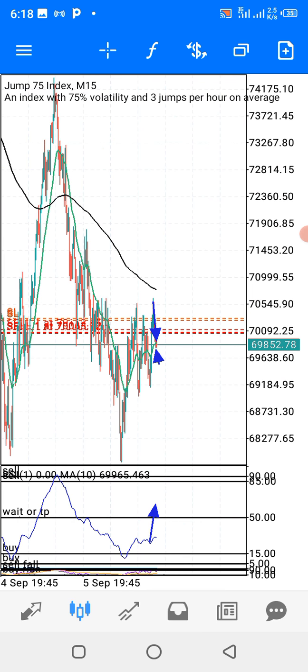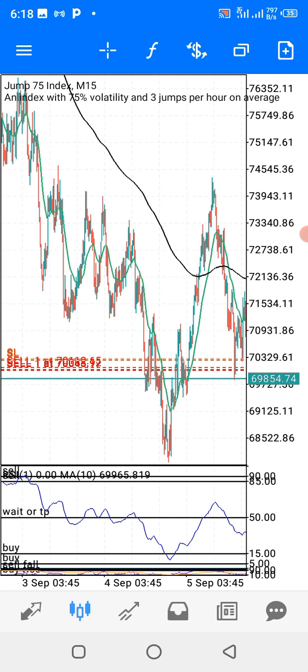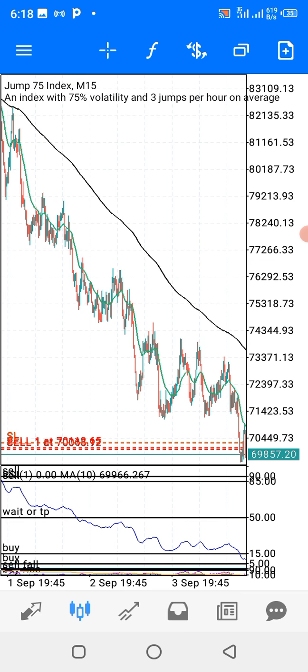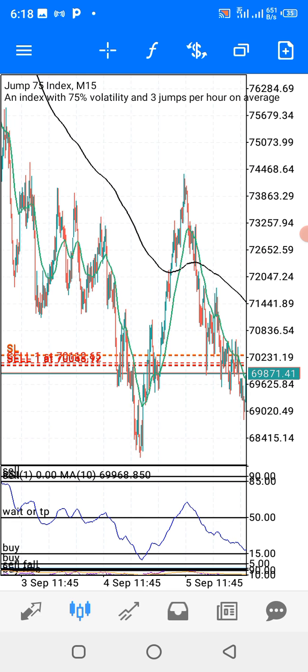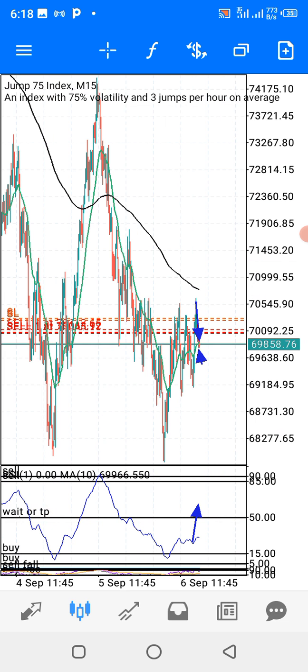In the 15 minutes time frame, you can see that the moving average 200 is above the price action. The price action is below the moving average 200. That tells you the market is in a downtrend.